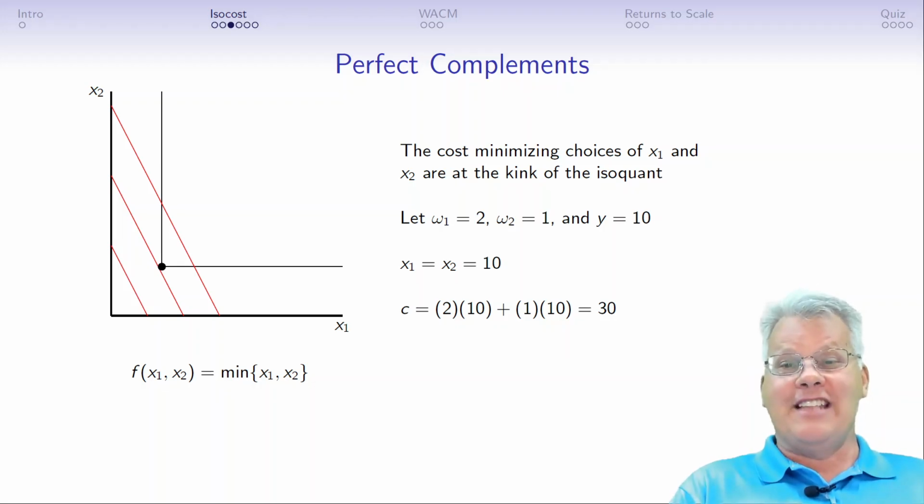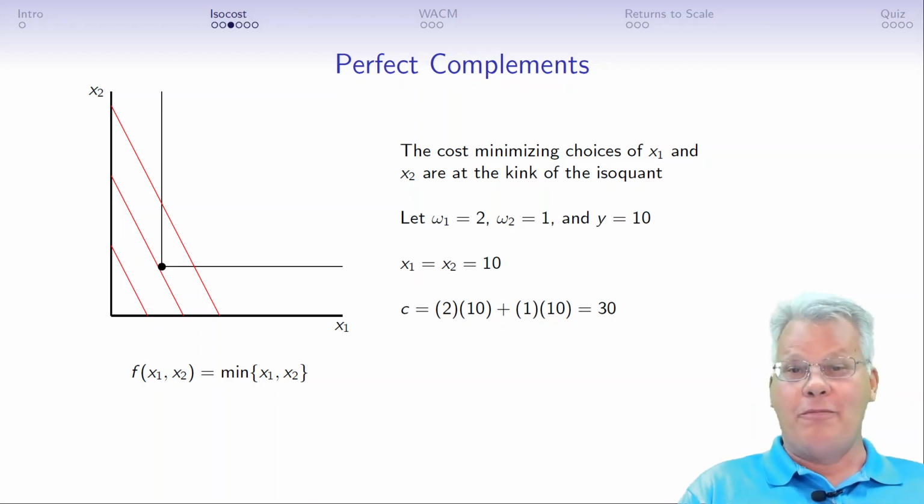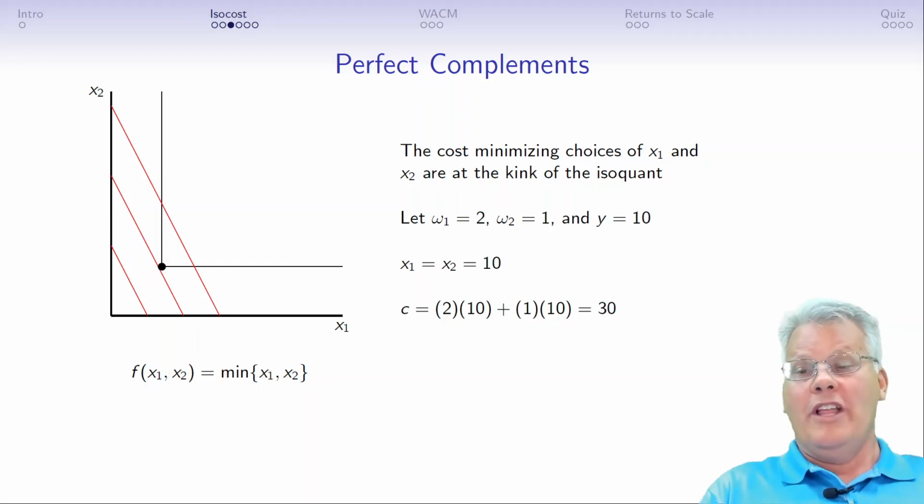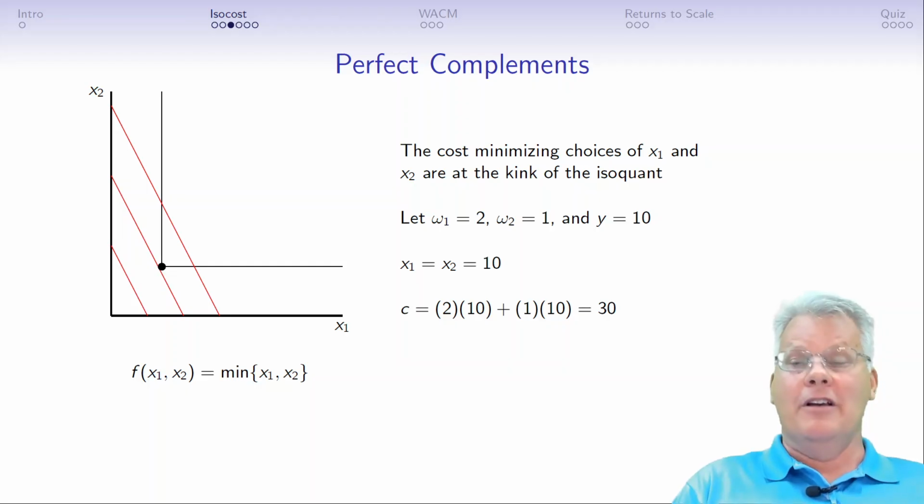Now, the first example we have of this would be of perfect complements. So let the production function be illustrated as the minimum of x1, x2. That specifies that this firm needs equal amounts of x1 and x2 to produce output.